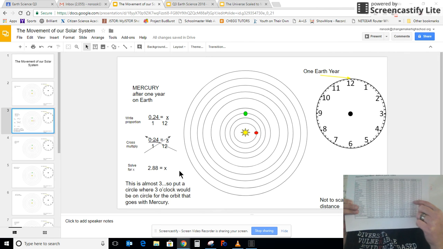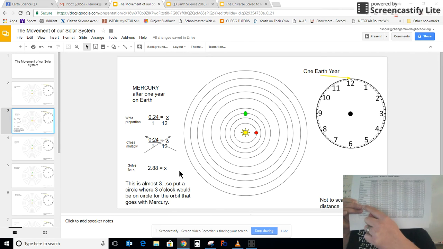This is the line you need for this model. And you are going to start with Mercury, which is listed as 0.241 for its orbital period, and it's scaled to the Earth. So that means for every 1 time that the Earth goes around the sun, Mercury goes around the sun almost 1/4 of the way.